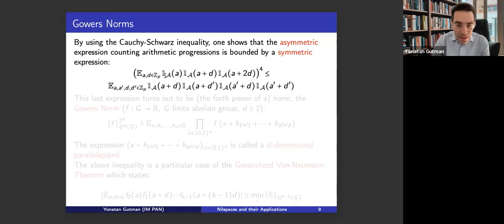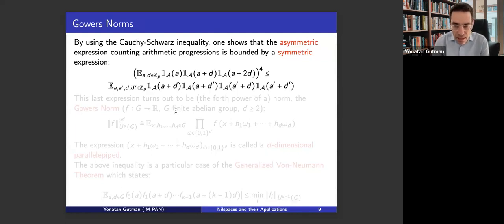In any case, you can show by using Cauchy-Schwarz that this expression is bounded by the expression here. And as you can see, this expression, 1_A(a), 1_A(a plus d), and so on, looks symmetric, right? No letter here has a special role.